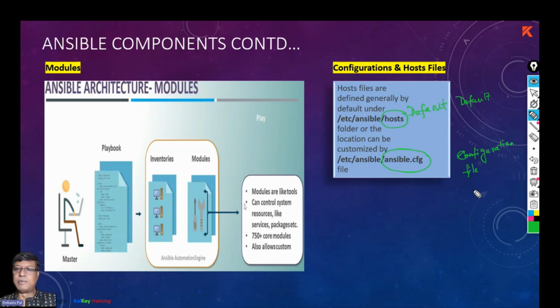That means ansible.cfg will tell you, if you have something other than hosts as your inventory file, where it is and what its name is. Let's say I have an inventory file by the name inventory.ini. Where does this file lie? All this information will be available in ansible.cfg. We will see that in a demo.